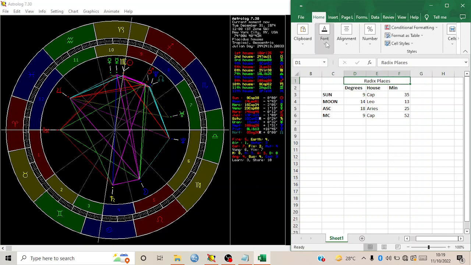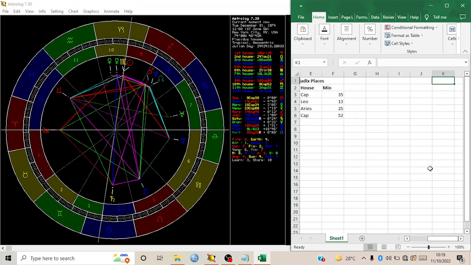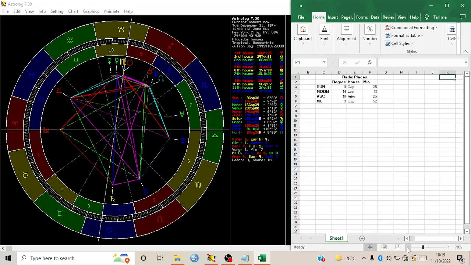So having noted this, just next to it, starting from here, I'll put the progressed position.